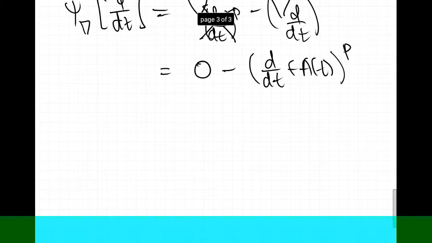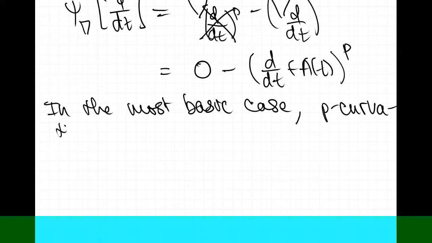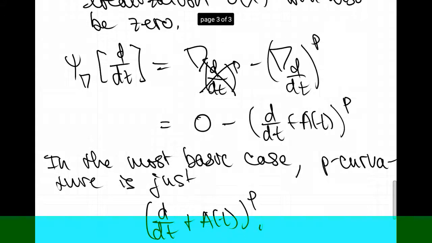Okay, so in the most basic case, P-curvature is just this thing, d dt plus a of t raised to some power like so. Okay, and that concludes the example.